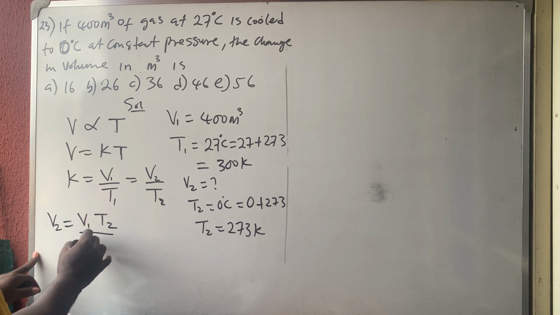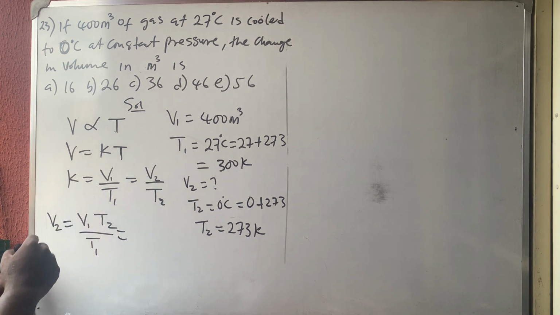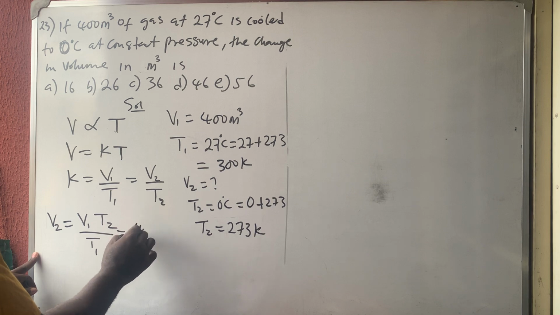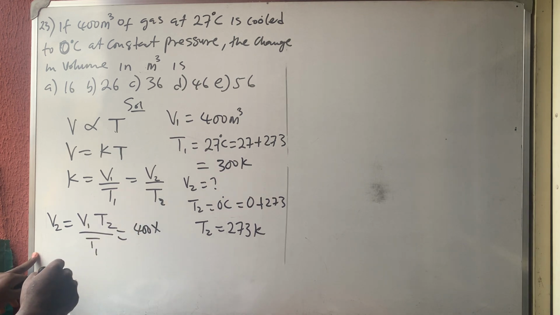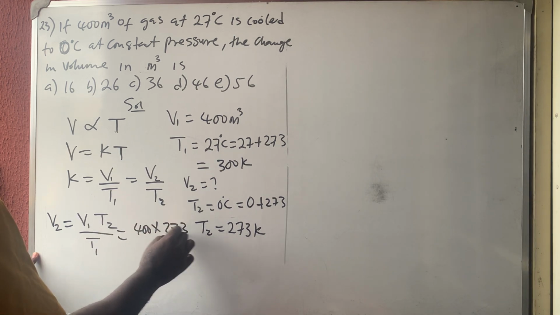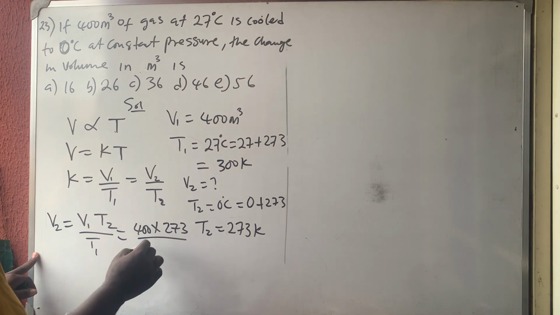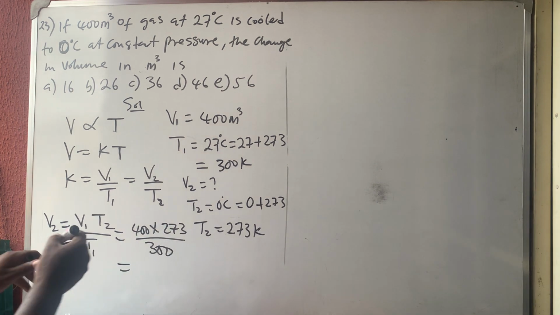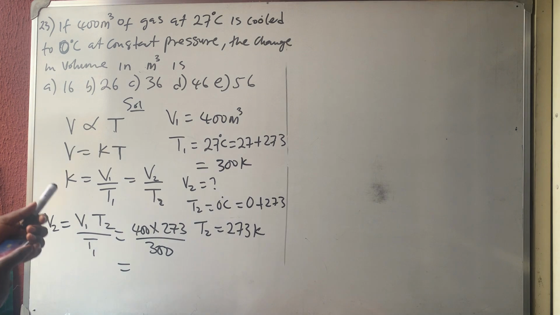Okay, so using this formula, I know that the V2 I'm looking for will now be V1 T2 all over T1. So which is what? My V1 is 400 times T2 is 273 divided by T1 is 300. So I'm having 4 times 273 divided by 3.